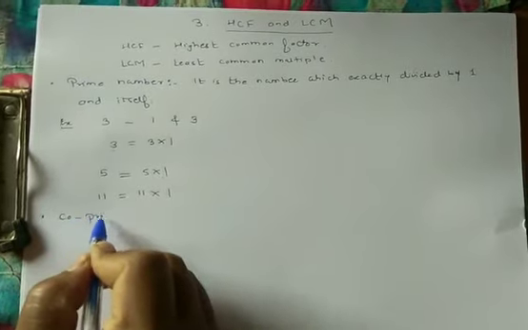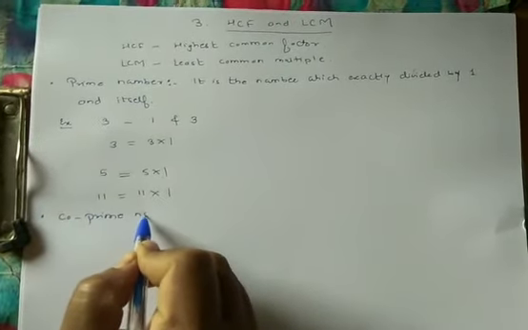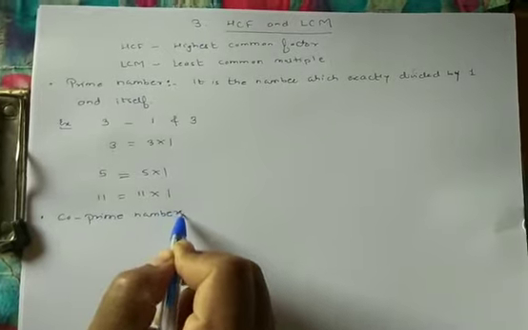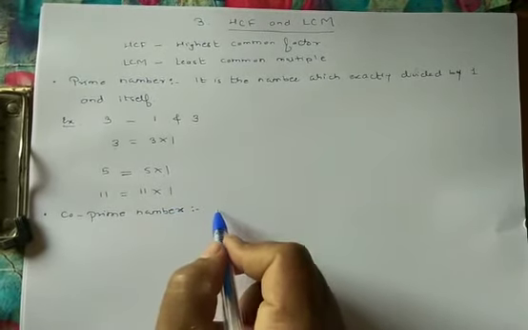Now the second one is co-prime numbers. What is the meaning of co-prime numbers?